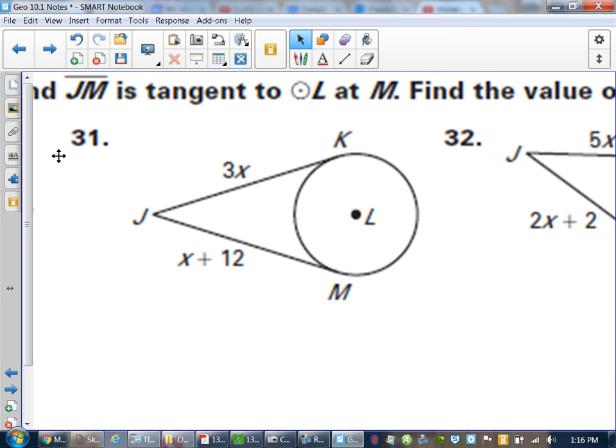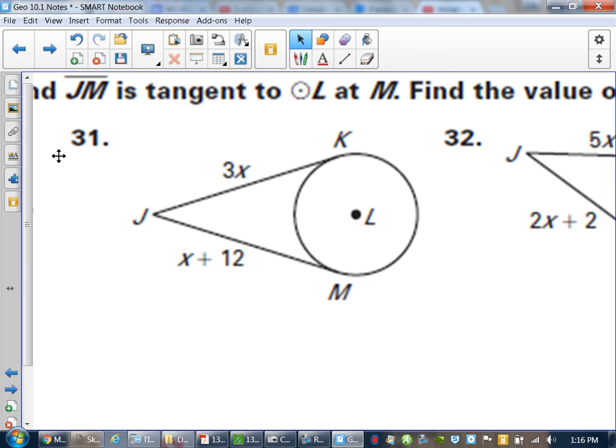It'll tell you in the descriptions of this style of problem that JK and JM are both tangent to circle L. They tell you that. A lot of just basic definition and diagram stuff, not too much algebra for that.